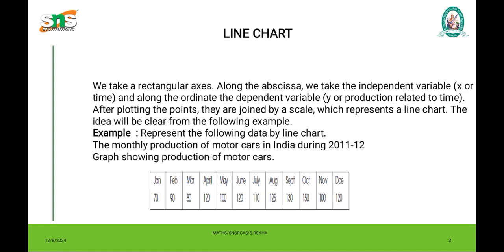For example, suppose you want to know the production of motorcycles in India in 2011 to 12. The data are given from January to December. How many vehicles are produced by a company, for example Hero Honda or Maruti Suzuki?